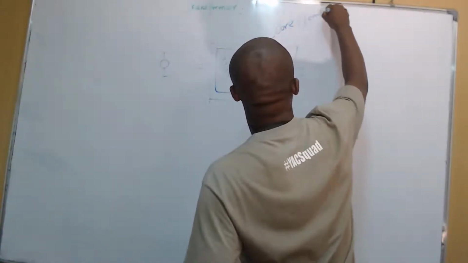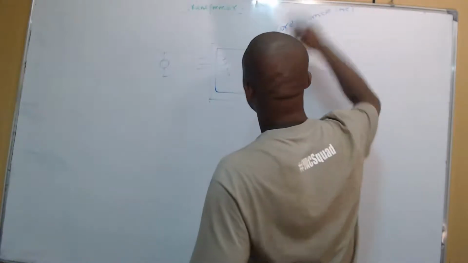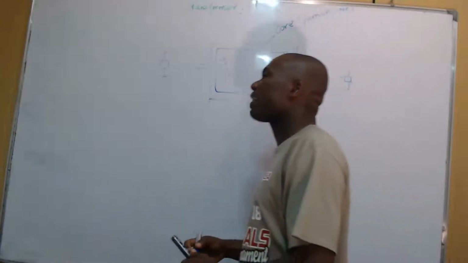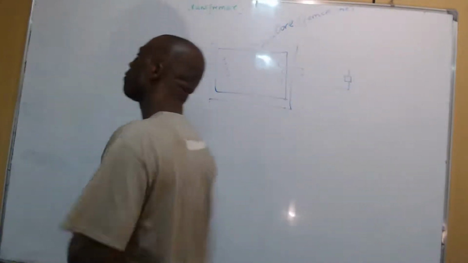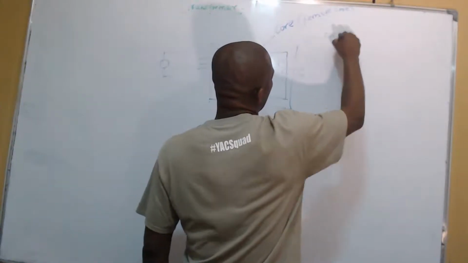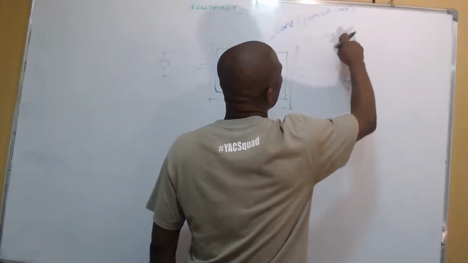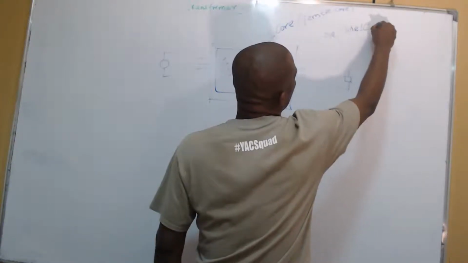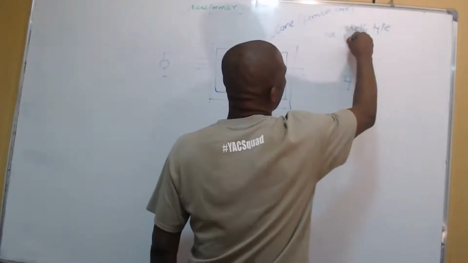The core of a transformer could be the core type or the shell type. We have two types of core: shell type and core type.